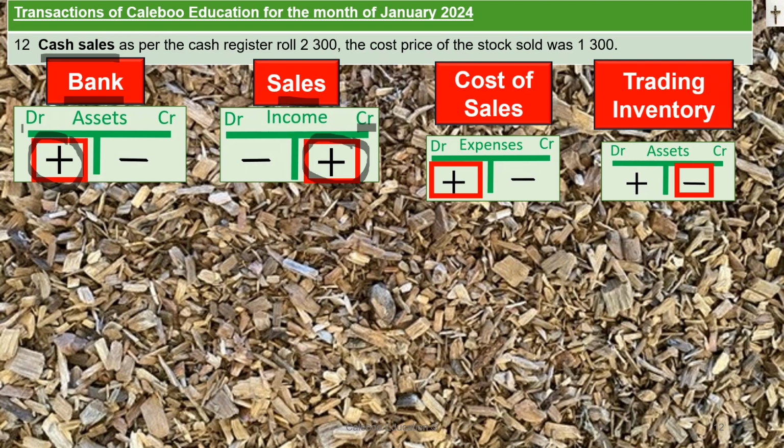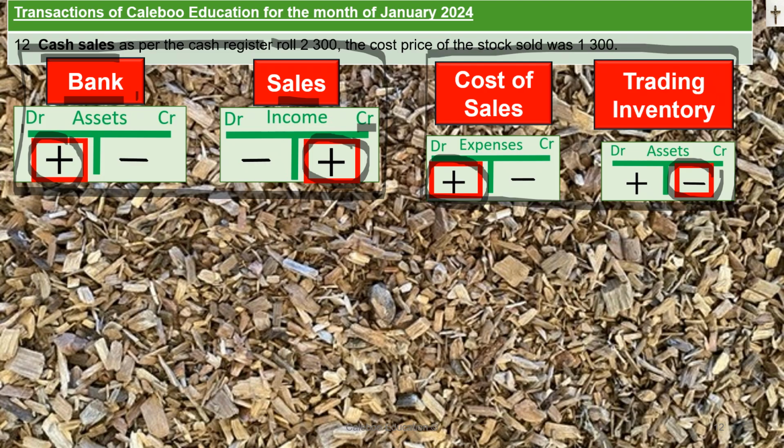Cost of sales, increase in expense. What has happened to our trading inventory when we make a sale? It gets delivered or picked up by the customer. This is a cash sale. This here is part A, and that is part B of the sale.